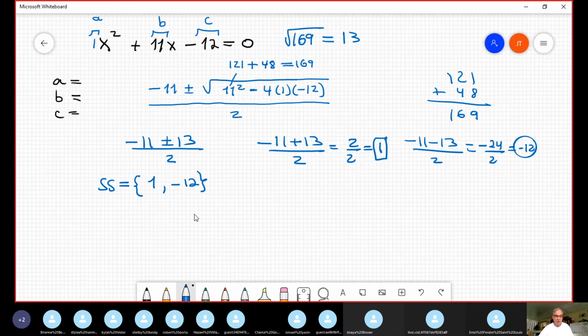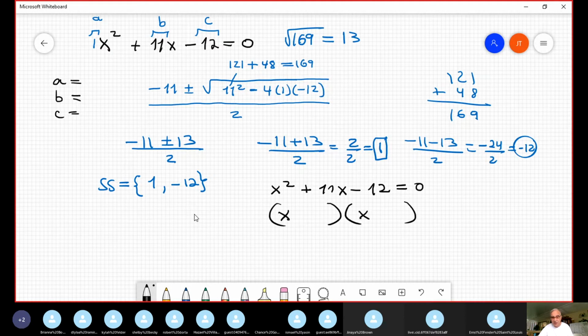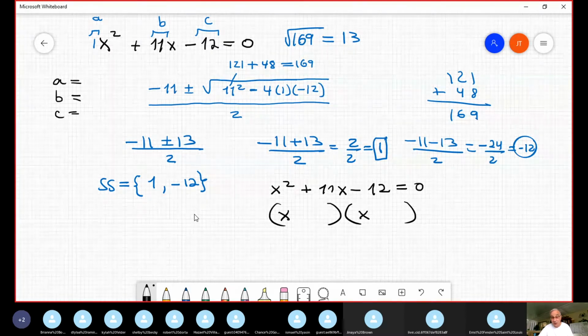Hello guys, look at that. If you realize that we can solve it by factorization, because in this case the combination is too easy, it's obvious, it's a regular trinomial. And the combination is 12 and 1, because 12 times 1 is 12, and 12 minus 1 is 11. So the combination is 12 and 1.